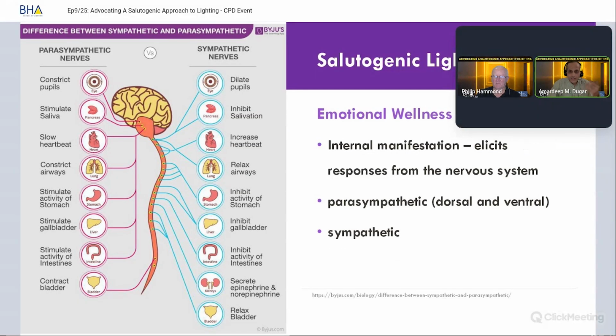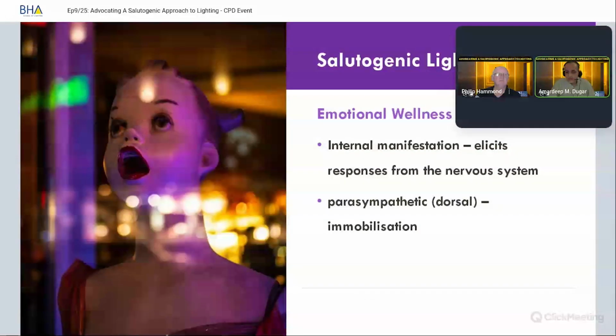And what all this has to do with is that the internal manifestation is about your nervous system. Our nervous system consists of two parts, which are the parasympathetic system and the sympathetic system. Within the parasympathetic system, there's a bigger subdivision called the dorsal and the ventral system. What do they do? Firstly, the parasympathetic dorsal system immobilizes.